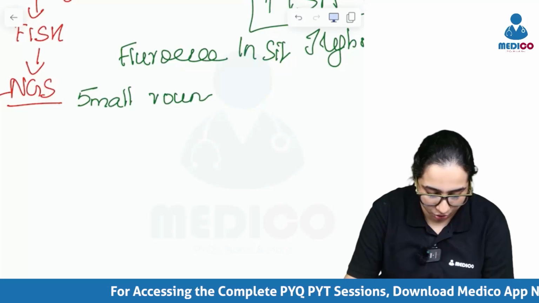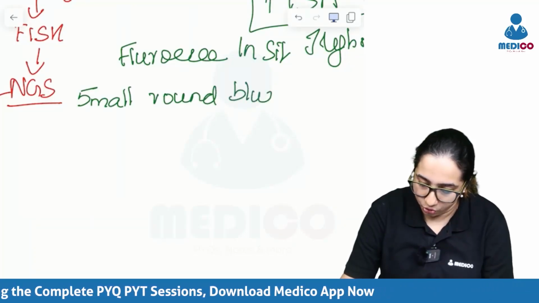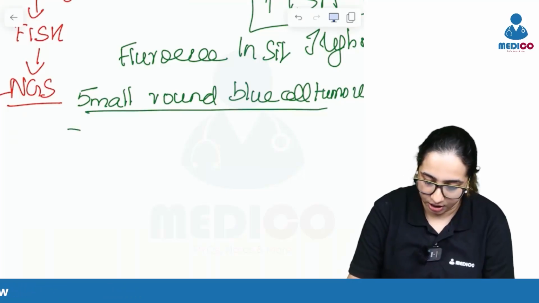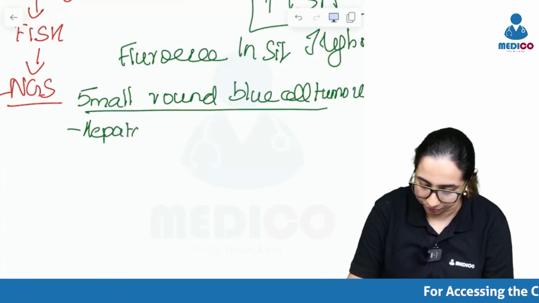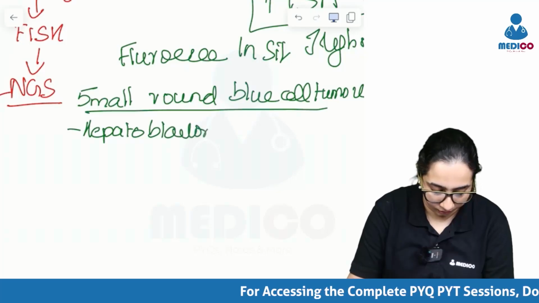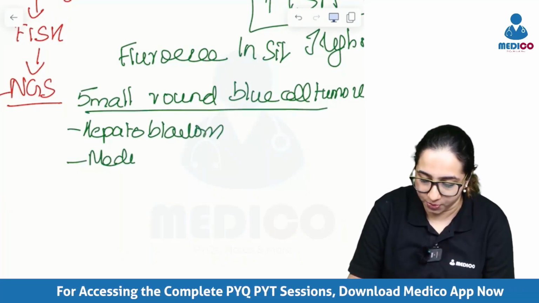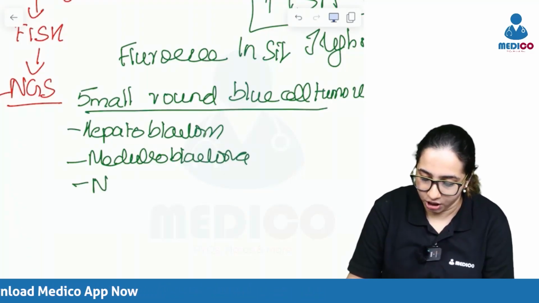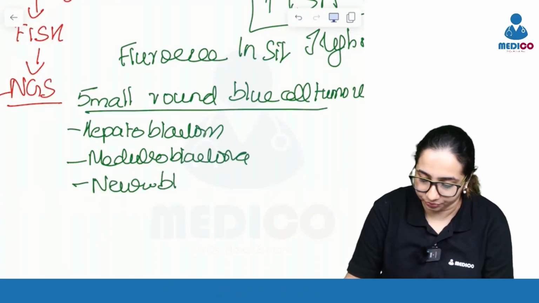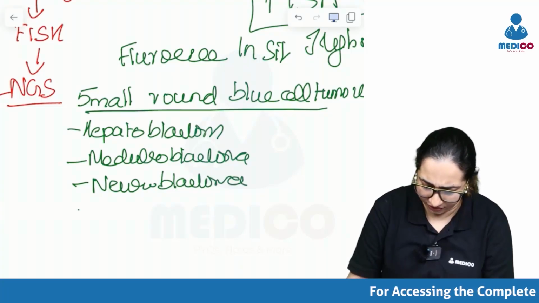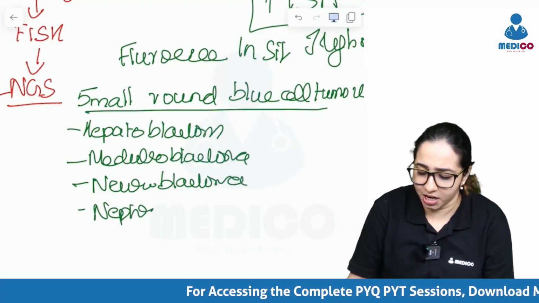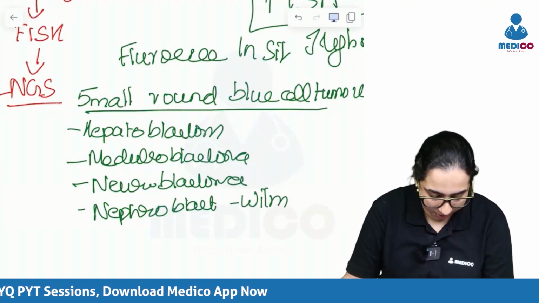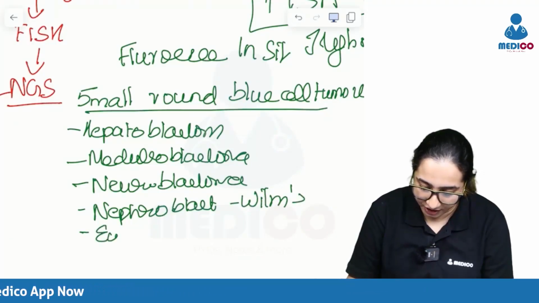Small round blue cell tumors: you have hepatoblastoma, medulloblastoma, neuroblastoma, nephroblastoma, otherwise called Wilms tumor, and Ewing sarcoma.